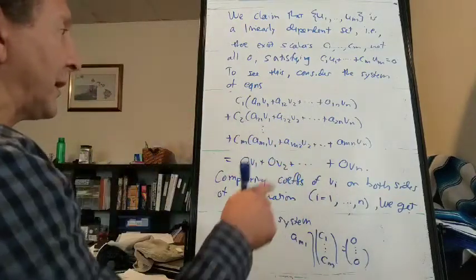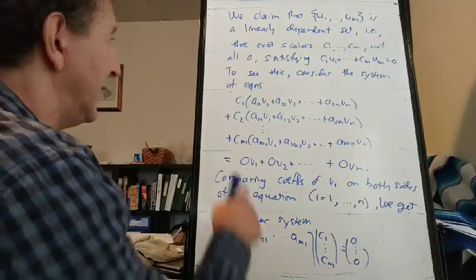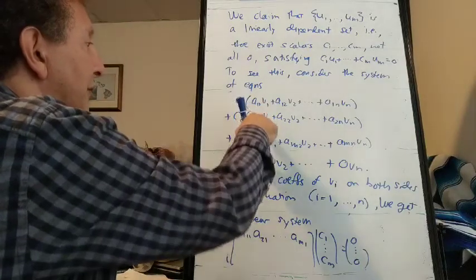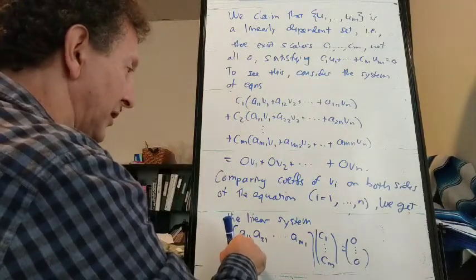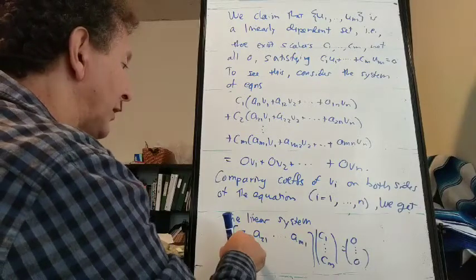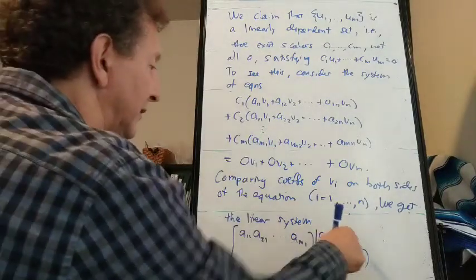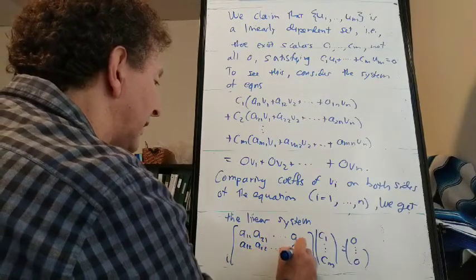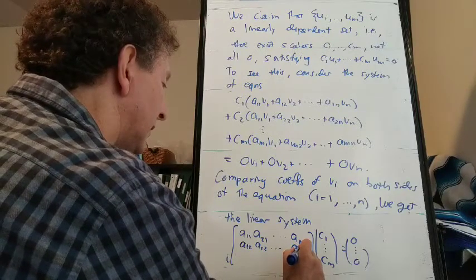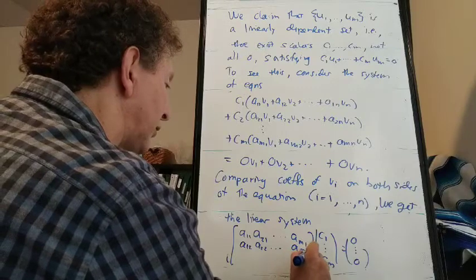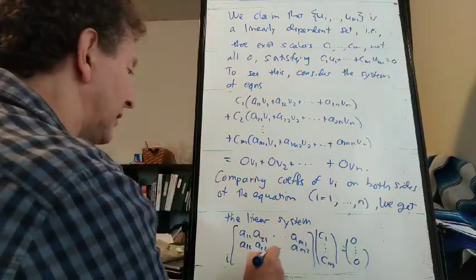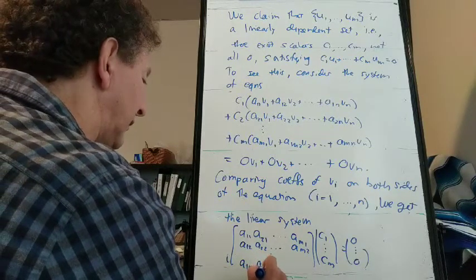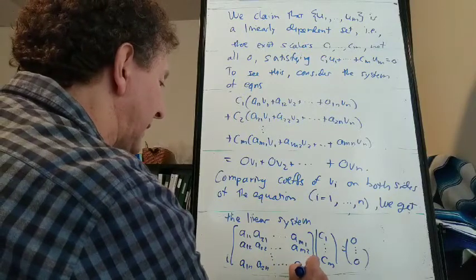We're setting this equal to 0, so we're going to have n different equations. Each equation is going to have m different coefficients in it. So here's our first equation with a11 through am1 equaling 0, and then a12, a22 up to am2 equaling 0, and then finally a1n, a2n up to amn.